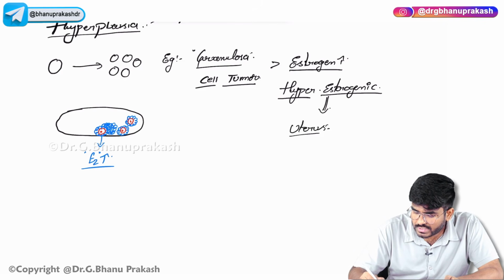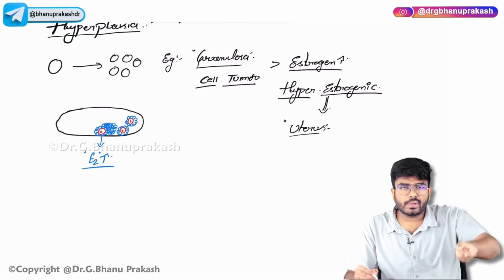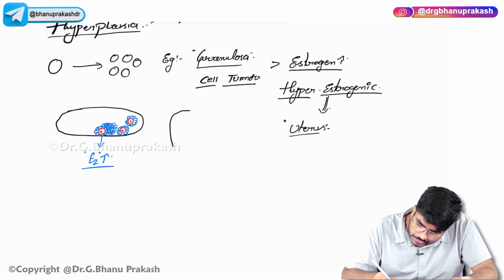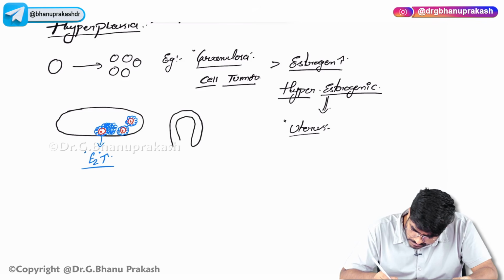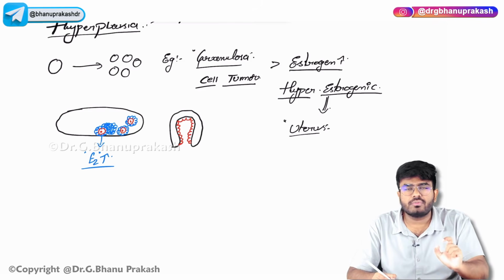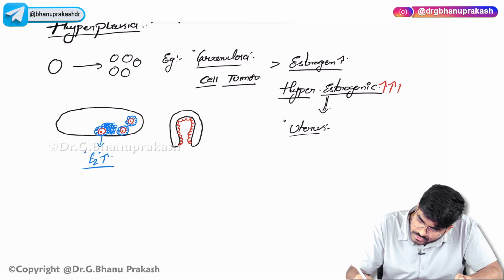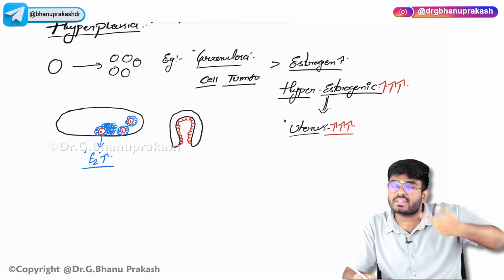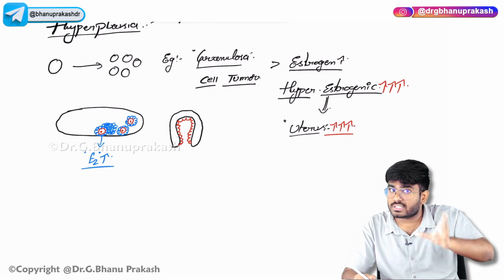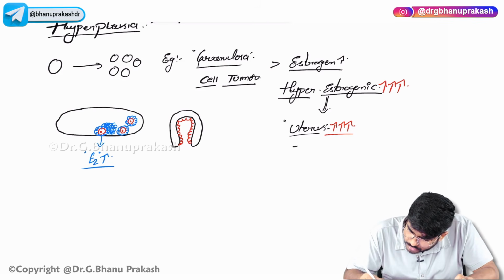In the uterus, the estrogen is going to stimulate the endometrial lining. Within the uterus there is a lining called the endometrium. What is the food for this endometrium? Food is nothing but estrogen. Since this female has lots and lots of estrogen, it is going to stimulate the endometrium within the uterus, not the uterine smooth muscle.